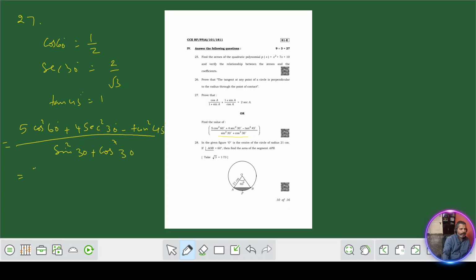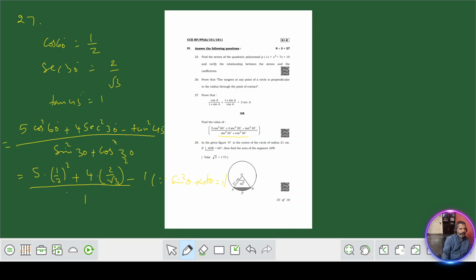Substitute the values. 5 into cos 60, which is 1 by 2, whole square, plus 4 into secant 30, which is 2 by root 3, whole square, minus tan square 45. Tan 45 is 1, 1 square is 1 only. Here I'll write 1, since sin square theta plus cos square theta is 1. No need to substitute the sin 30 and cos 30 values again. On simplification you get 1 only.